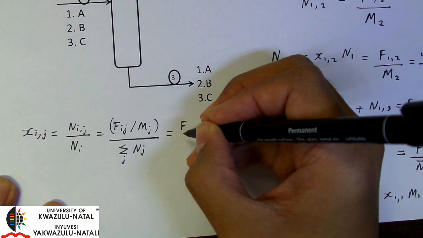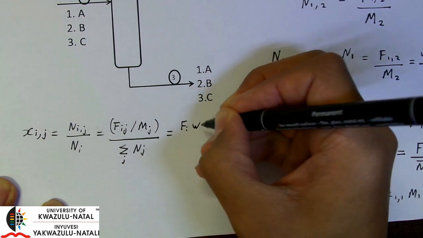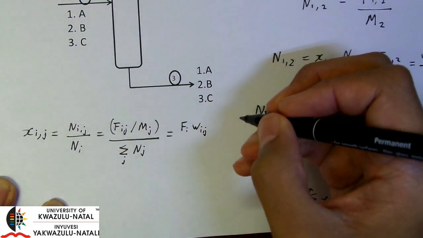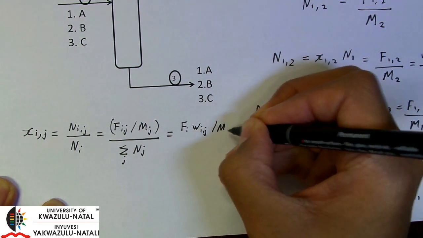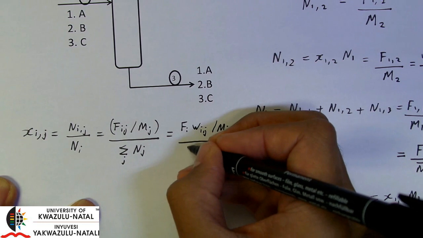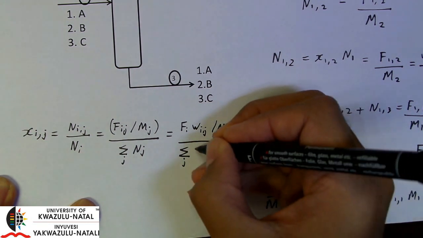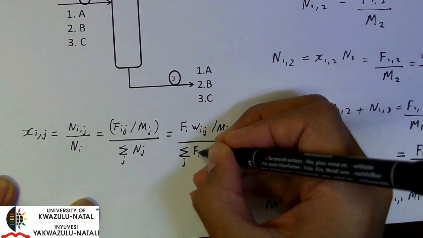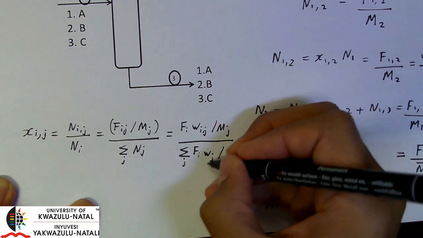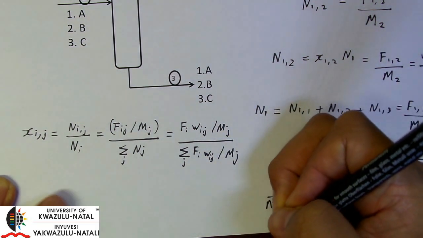That's your total mass flow rate of stream I times the mass fraction of component J in stream I divided by the molar mass of component J, and we can express our molar flow rate in terms of mass flow rates as well. That's Wij over Mj.